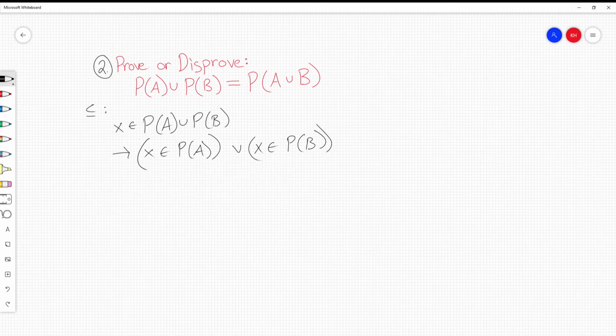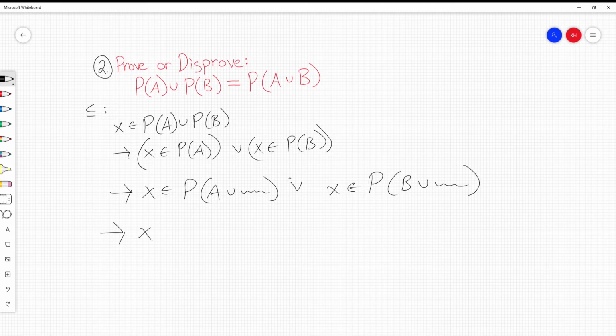So let's continue. From here, we're able to say that X is an element of the power set of A or X is an element of the power set of B. This is the definition for a union. We can show that X is an element of the power set of A unioned with any other set, or X is an element of the power set of B unioned with any other set.